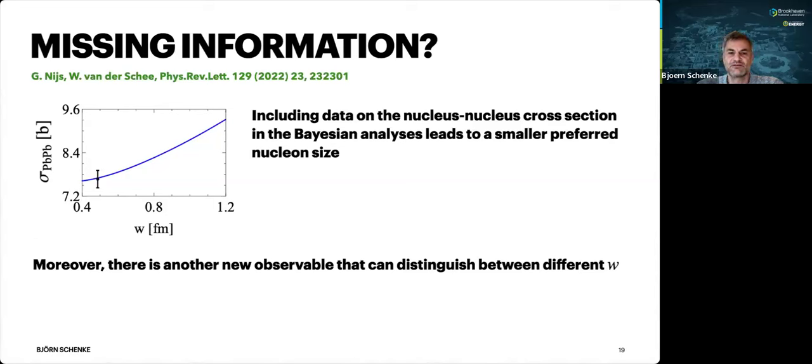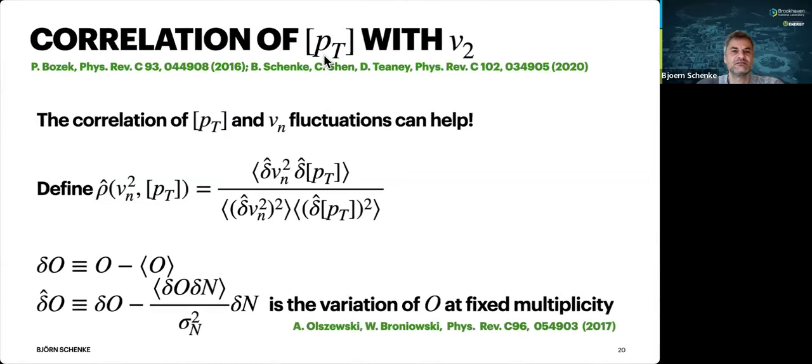And moreover, there's another observable that can distinguish between these, which is the correlation of the mean pT with the v2. So essentially, you're looking at fluctuations of mean pT and v2, and you can define this covariance measure rho that measures the deviations of v2 squared and mean pT from its average in some centrality bin, right? And then normalizes this by these individual delta v and delta pT squareds.